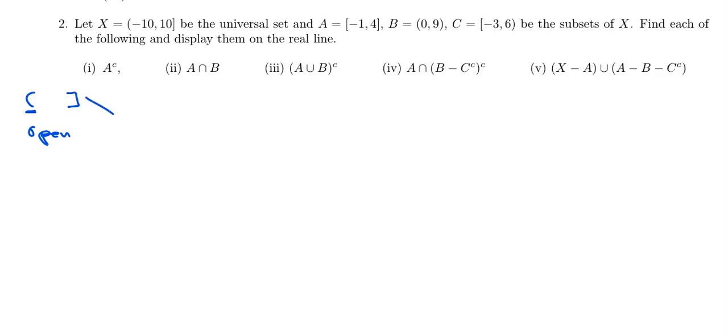It is called a closed bracket. So when do we use these two? Very important. We use an open when that number is not included. Then here we use this when the number is included.